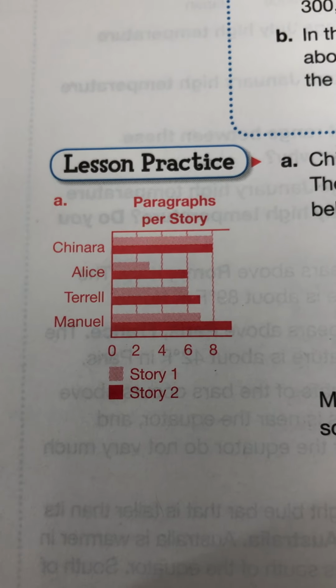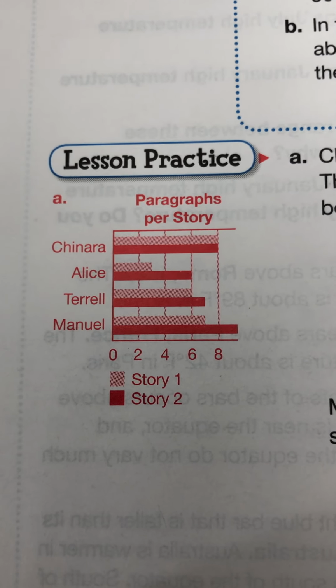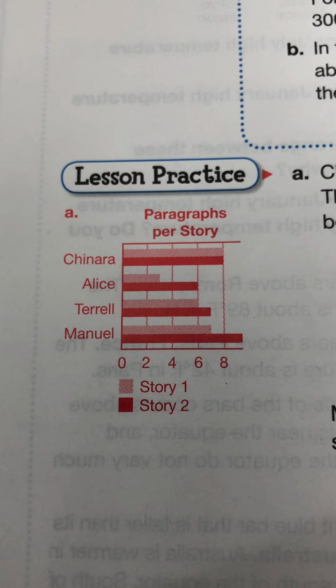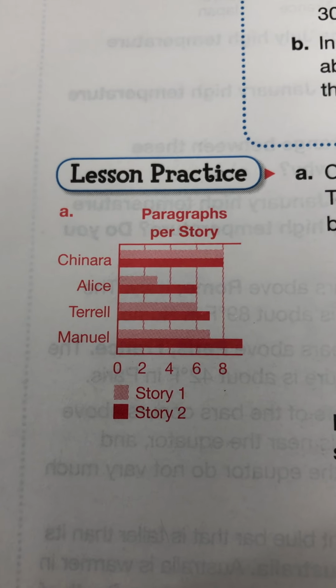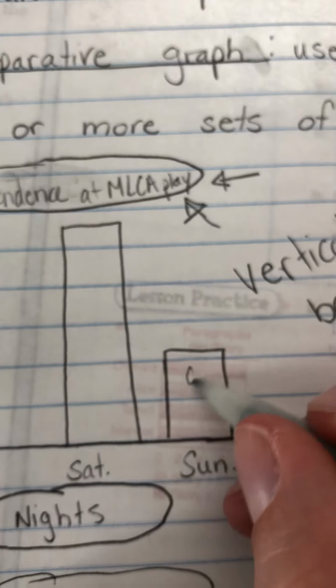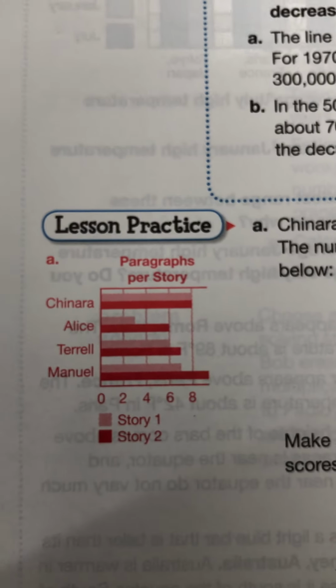Even if it's blue and black or red and blue, red and black, whatever it is. If you don't have access to colors, then do something as simple as polka dots and stripes. Or blank, like having just a blank bar, like this would be a blank bar, and then your next one would be polka dots. We want to do something simple that's easy to read.